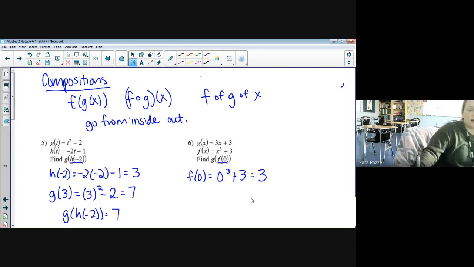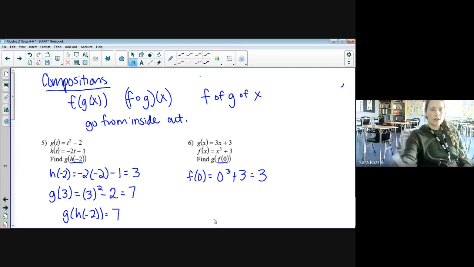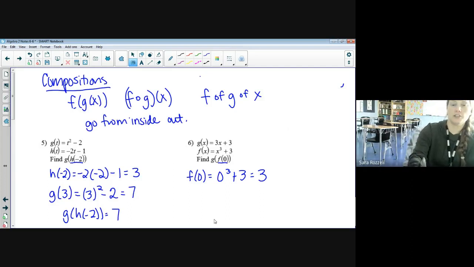Okay, and so now, which equation do we plug our 3 into, the g or the f? Do I plug it into the g or the f? I plug it into the g function, right? Because now I have my 3, and that 3 is going into the g function. So 3.